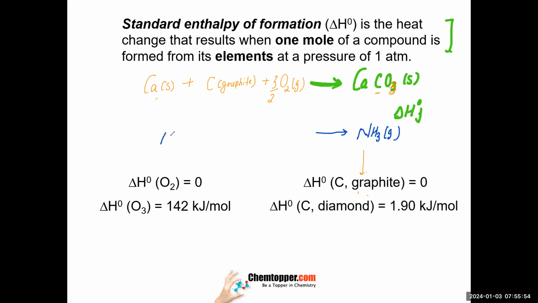So N2 is gas. H2 is gas. This is the formation reaction of ammonia from its elements. So can you balance the equation for 1 mole? This is 1 over 2 and this is 3 over 2. This is for 1 mole.